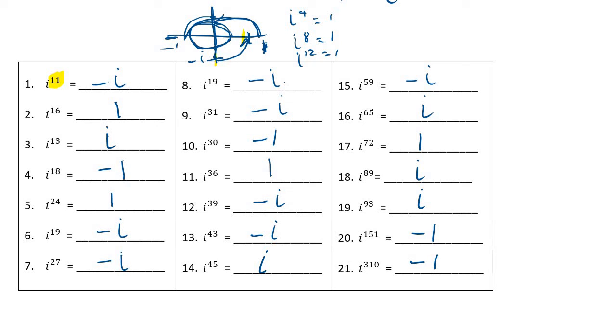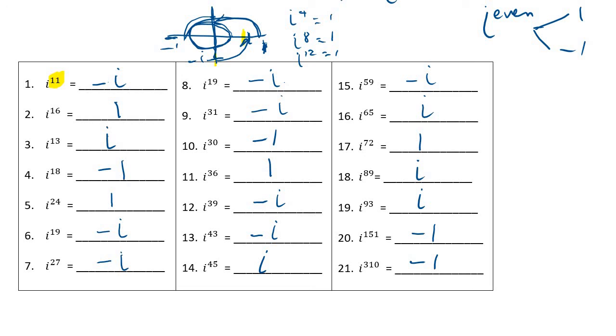So the summary is that if the exponent is even, your answer will either be 1 or -1. It is 1 when it is even and a multiple of 4.